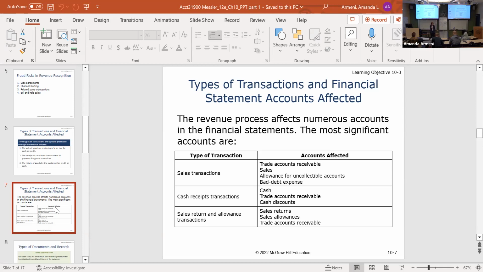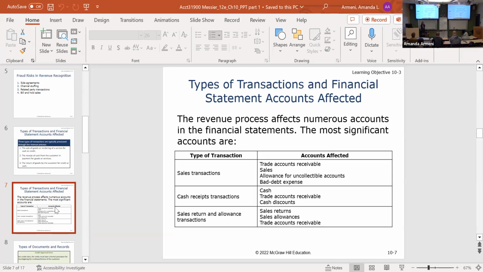But you may also recall from financial accounting that if we make our customer sign a contract, we give them a little bit longer period of time to pay us, and we charge them interest, we would have a note receivable instead of just a regular old account receivable. So that's why this says trade accounts receivable, because there's also notes receivable, but we're not going to discuss that in this particular cycle. Okay.